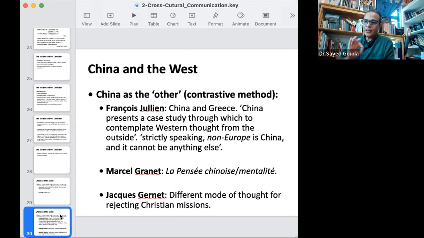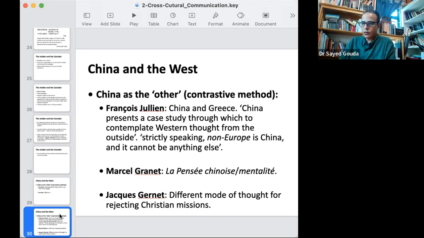And he said, strictly speaking, non-Europe is China. This is all quotes, okay? He says, strictly speaking, non-Europe is China, and it cannot be anything else, meaning the other that's not Western, the other that's not European.